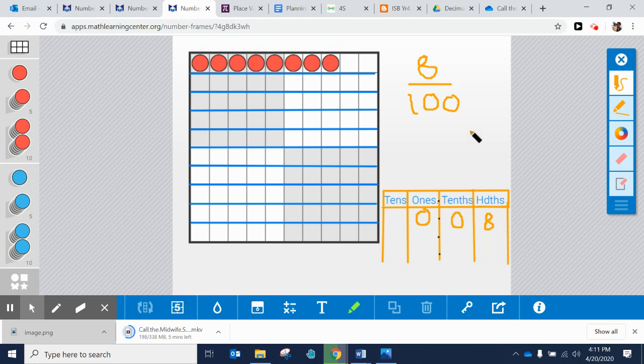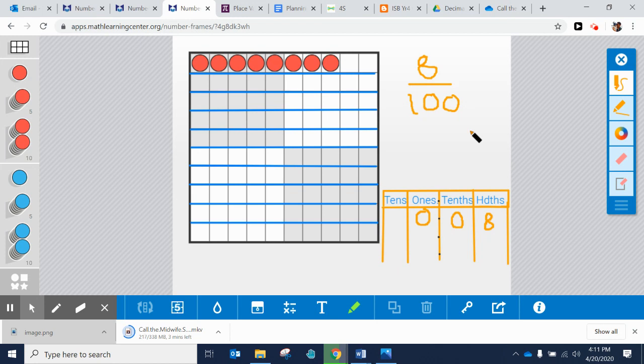So fractions and decimals, I always say that they are twins, but they're not identical, but they do the same thing. So fractions and decimals arise when you don't have a whole number. So they are things that are in between whole numbers. For example, if we were counting up and we were going 1, 2, 3, 4, they're all whole numbers.